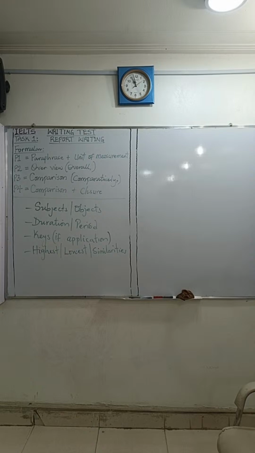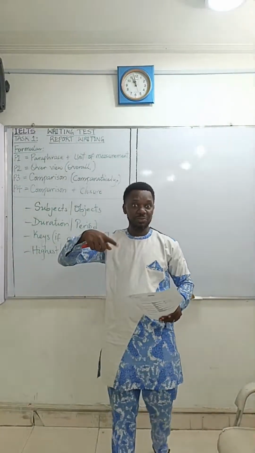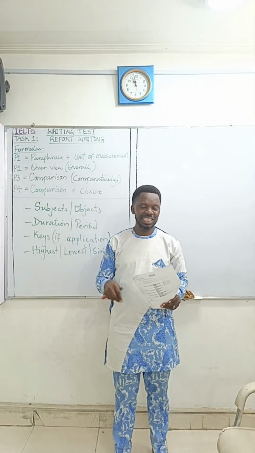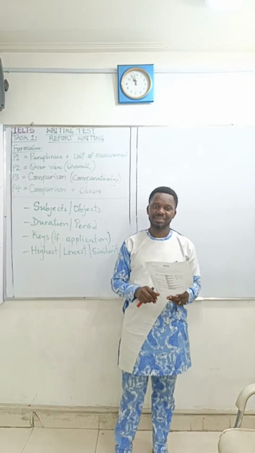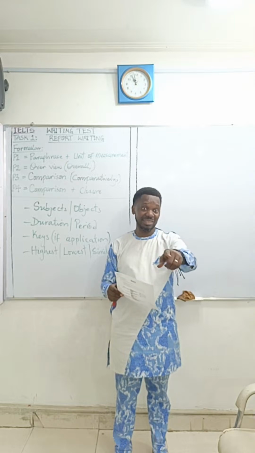Then I'll proceed to this one, and I'll say that for 250 to 999 employees, under the same reason, they recorded about 31.5%. I'm using the word about because I'm not 100% sure. So about keeps me safe. If you don't use the word about, it means you are very certain about the figure.